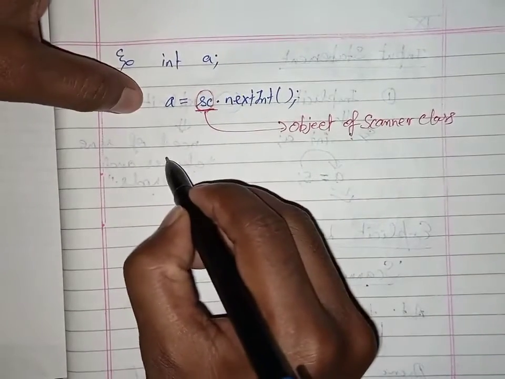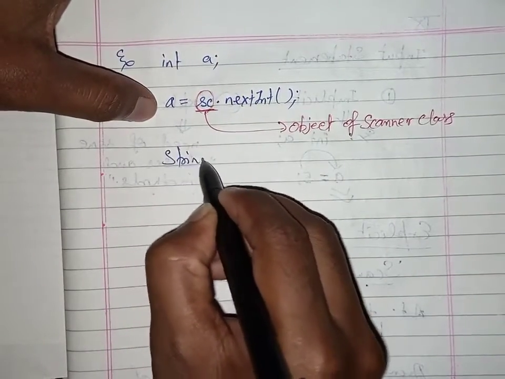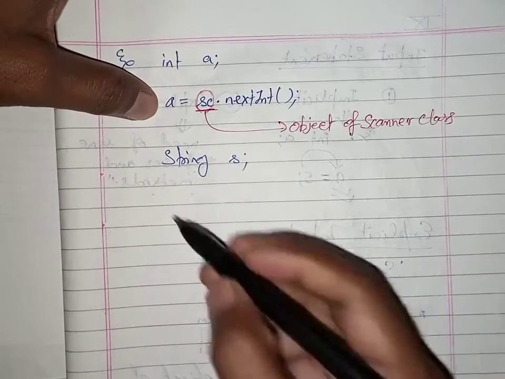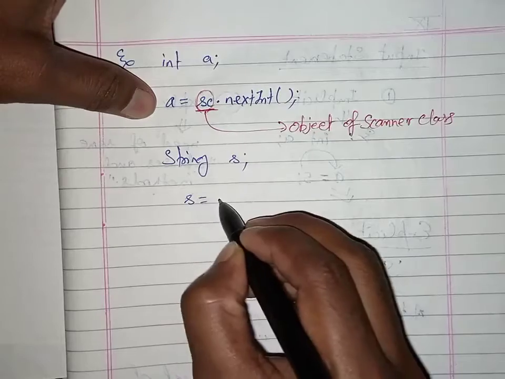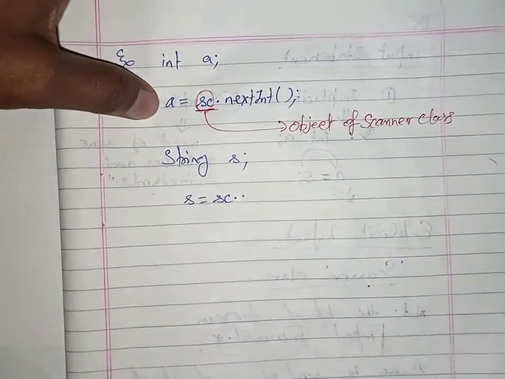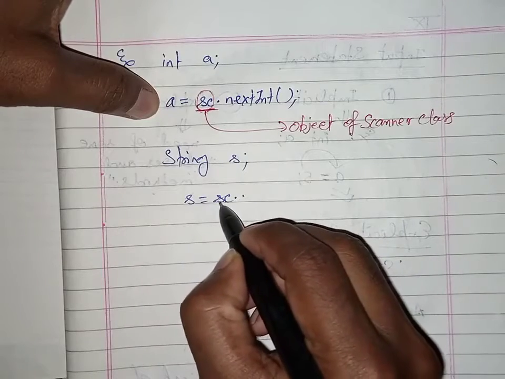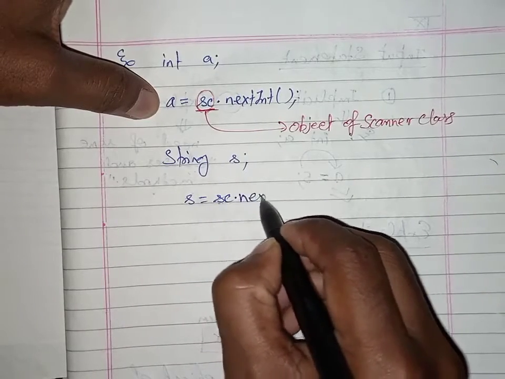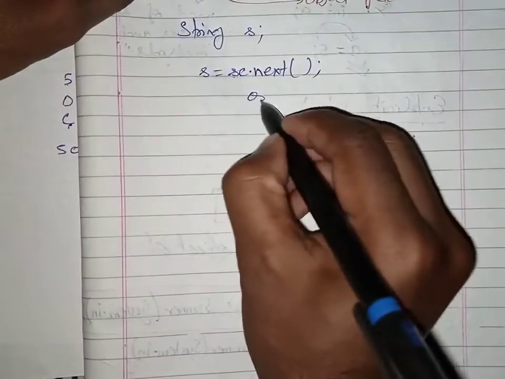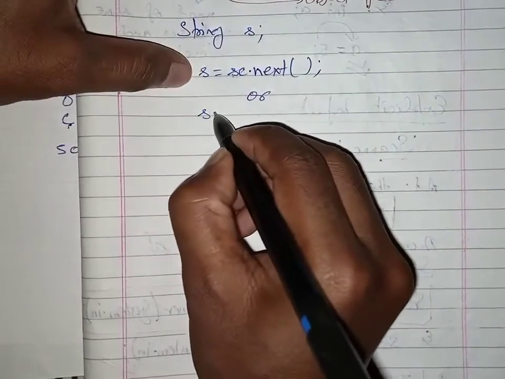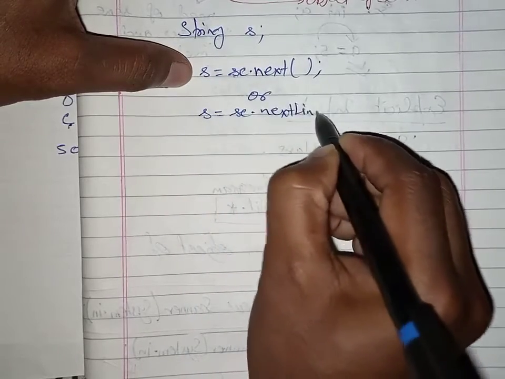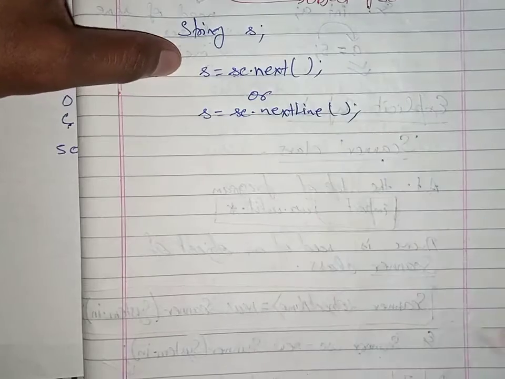Suppose I want to perform string operation, string s, and I want to take a value for string, then I can write s is equal to sc dot next. Because sc I have already created, that's why I can use sc dot next. This is for one word, or I can use s is equal to sc dot next line.